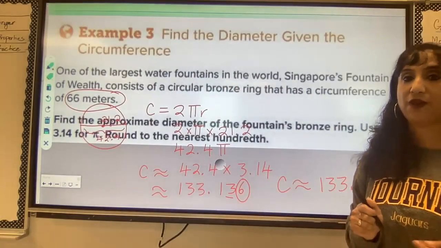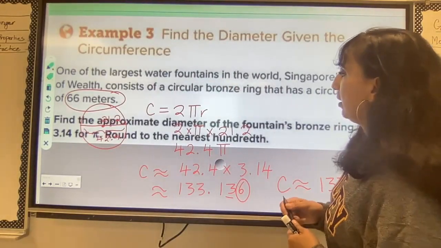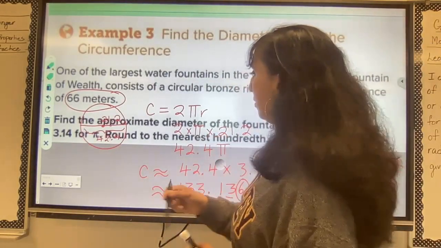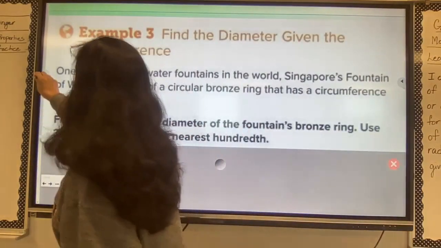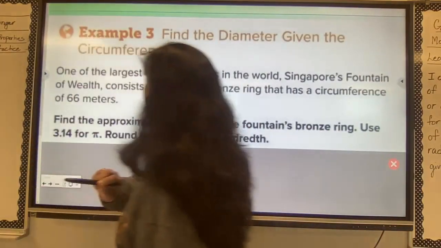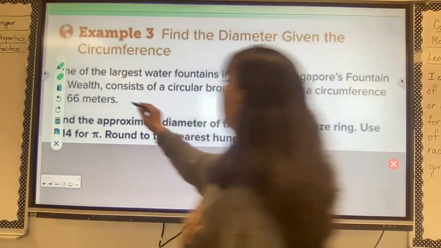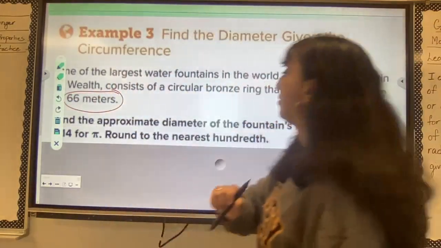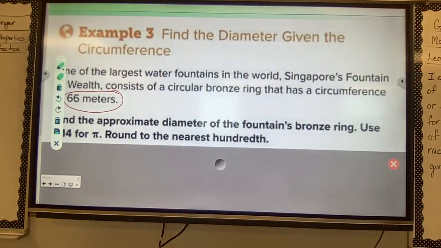So C is provided to you. Find the approximate diameter of the fountain's bronze ring. Use 3.14 for pi and then round to the nearest hundredth.